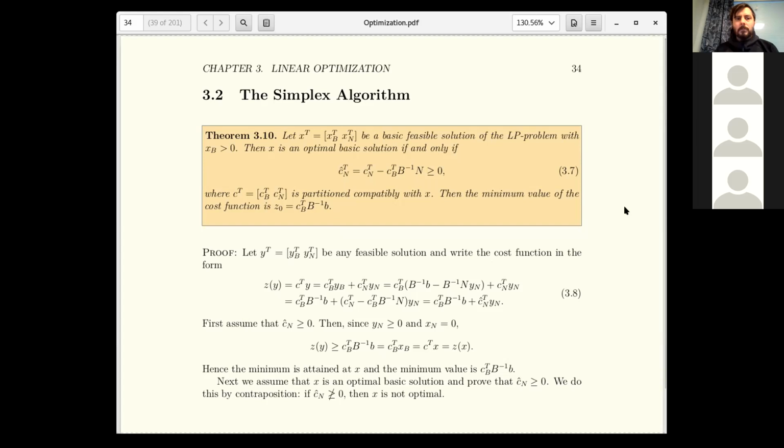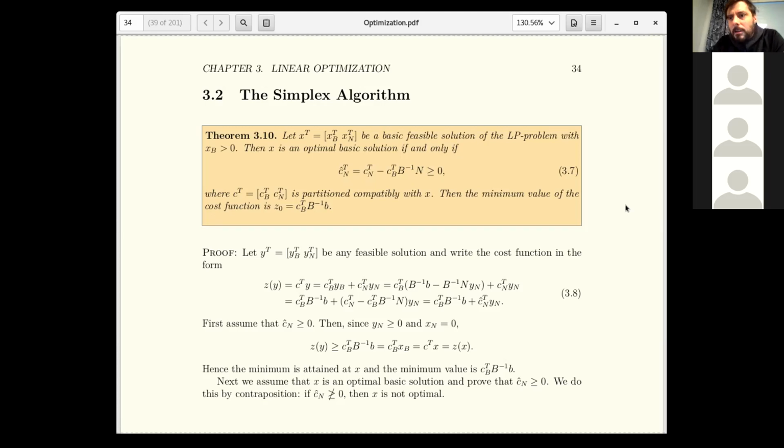We need to take into account the cost function, because we need to choose the basic feasible solution that makes the problem optimal. This can be done by the following statement. Let's very calmly look at what this theorem says.